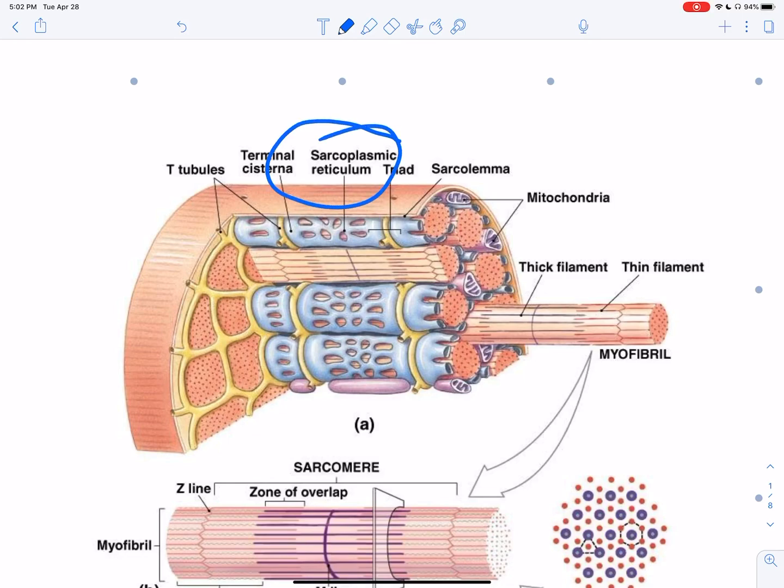The sarcoplasmic reticulum is the blue structure that you see that has all these holes in it. And if you notice the ends here, these ends are open, showing that this is like a system inside where things can flow around. That sarcoplasmic reticulum is where the chemicals are going to be distributed, causing muscle contraction.